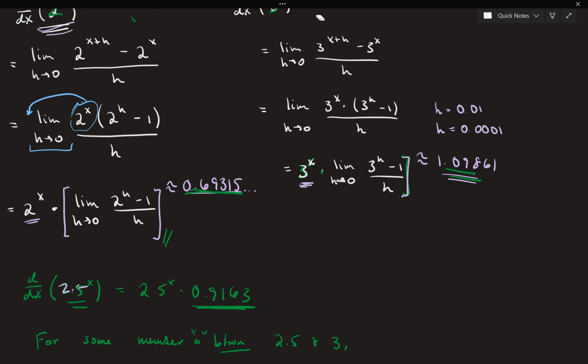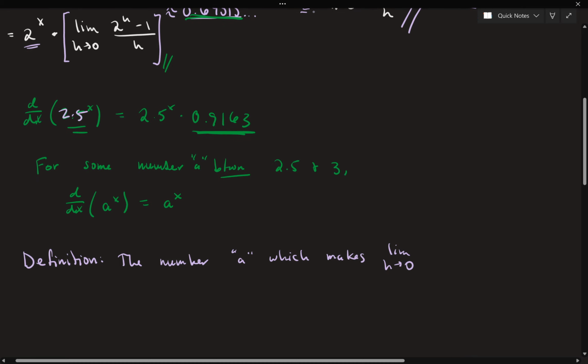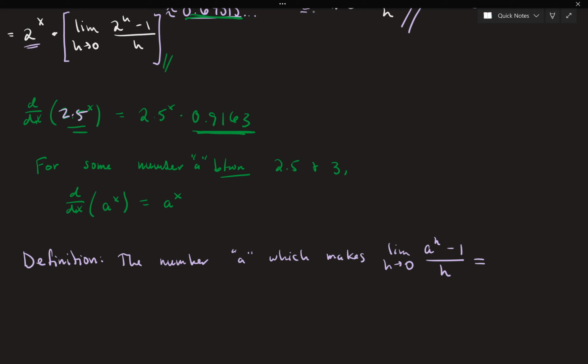This whole limit is what I want to be 1. I'm going to define a number which makes that be 1, because I know there is one in the middle. The base always goes here. I can pick an a value which makes that equal to 1 by what I've explained before.